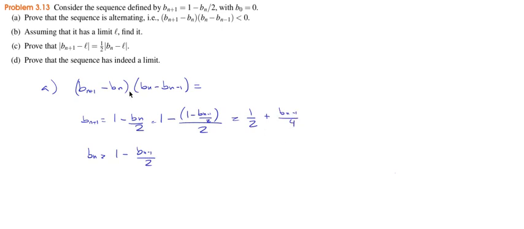Now let's substitute here. This is 1 half plus b sub n minus 1 over 4 minus b sub n. Sorry, not b sub n minus 1, I have to substitute, and then b sub n is 1 minus b sub n minus 1 over 2, and this multiplies 1 minus b sub n minus 1 over 2 minus b sub n minus 1.